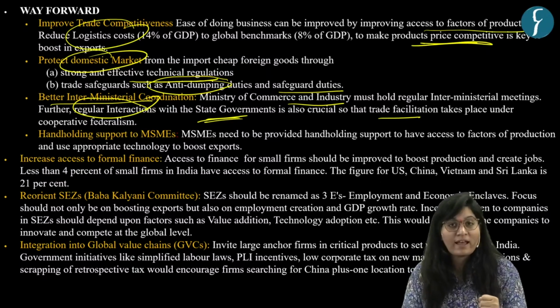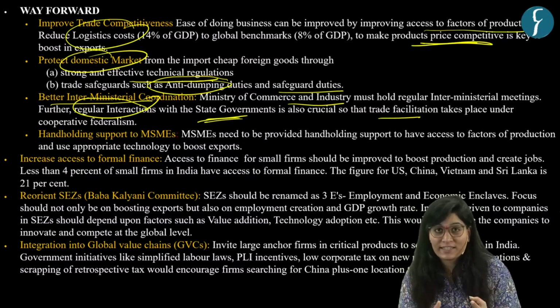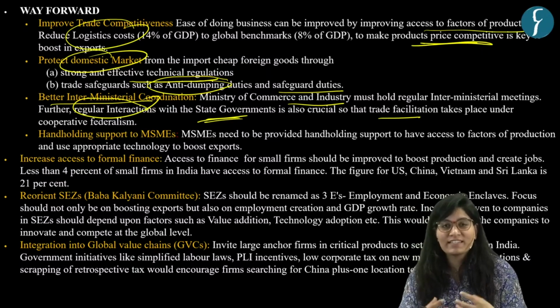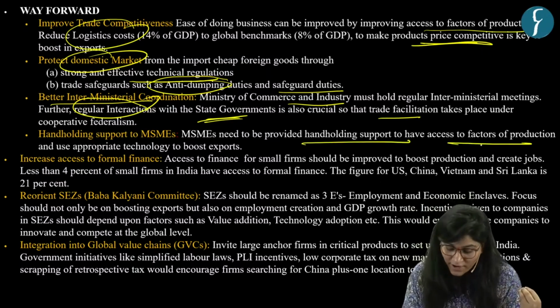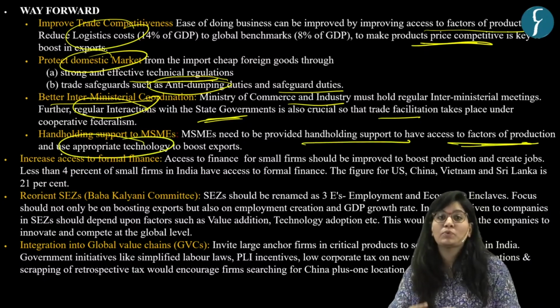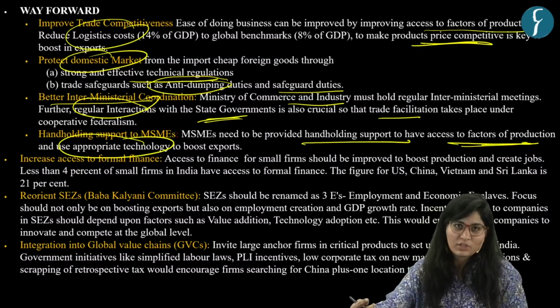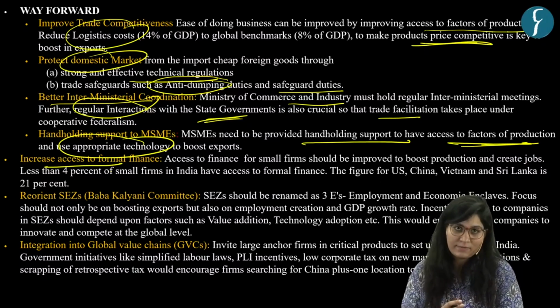Got it? Then, as I told you, how important MSME is for India's economy, because it is providing 40% of the export output. And still we know the problems faced by MSMEs. Okay. They are using obsolete technologies. So, what is much needed here is hand-holding support to have access to factors of production and use of appropriate technology to boost exports. Got it? Then, they need to increase access to formal finance.